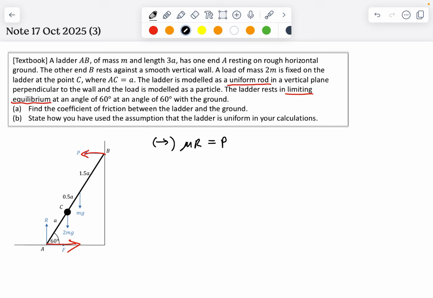That means basically that the friction is less than or equal to mu R. If the friction is bigger than mu R, our object will be moving, which it is not. So that's our horizontal.